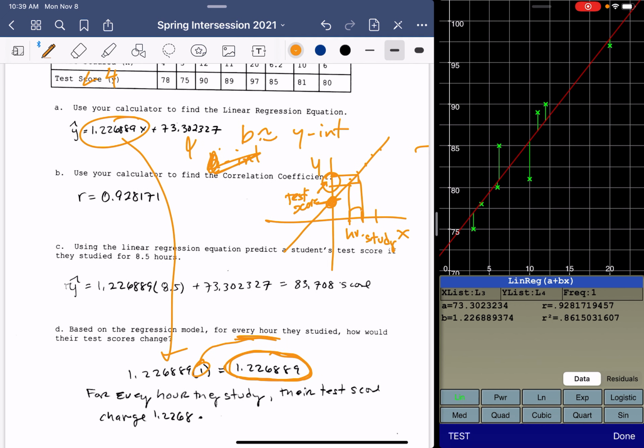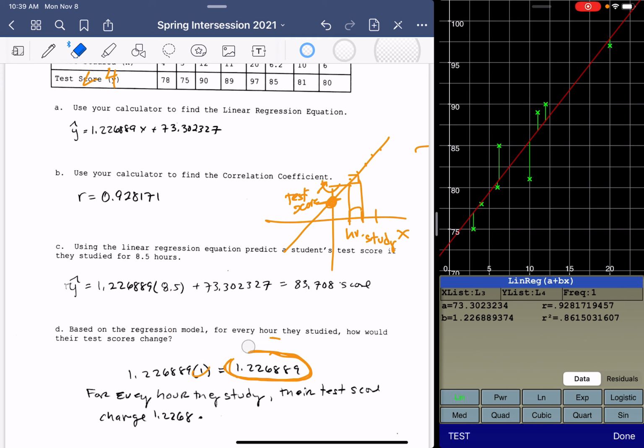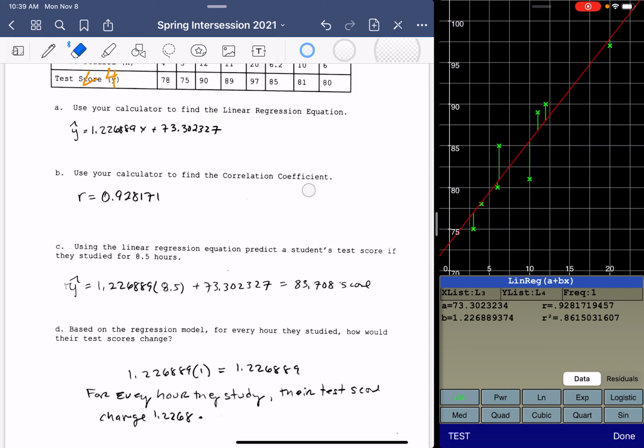So we're going to erase this here. We're practically done on this problem, where this is the answer, and it says right here, for every 1 hour they study, their test score changes that much. Let me draw it better, because this is a very interesting idea.